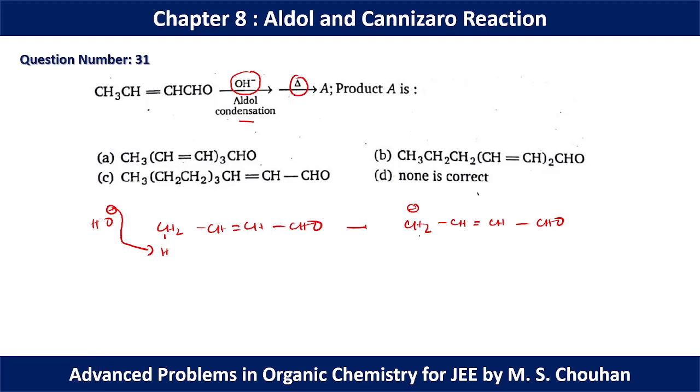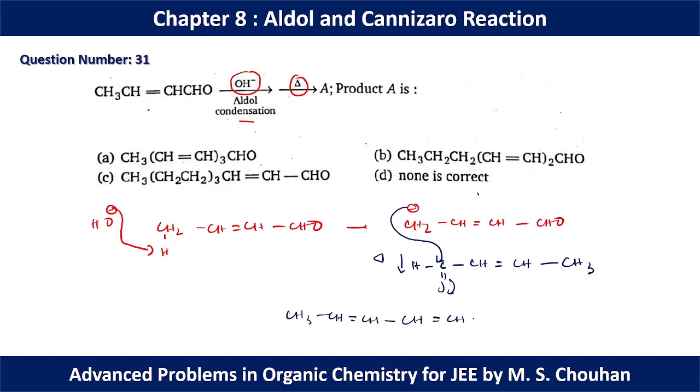Now it can react with C double bond O CH double bond CH3. Now this minus can approach this C double bond O, and finally after the heating we can write the final product like this: CH3 CH double bond CH double bond CH double bond CHO. So you can rewrite this molecule like this: CH3 CH double bond CH whole 3 CHO. So option A should be the correct option.